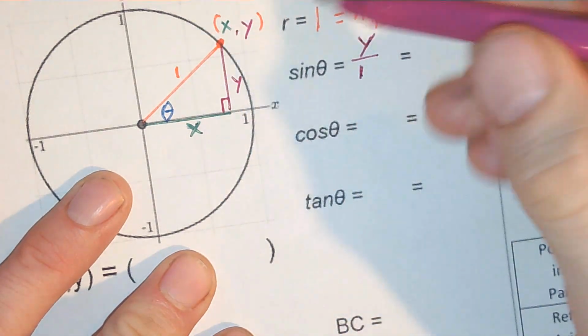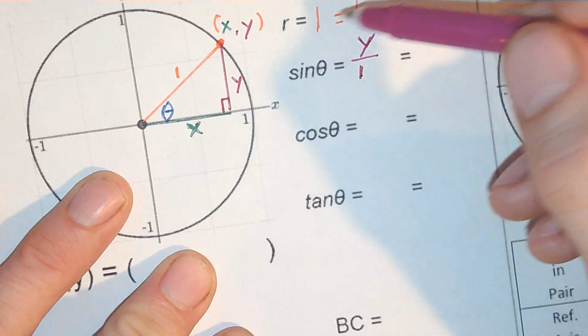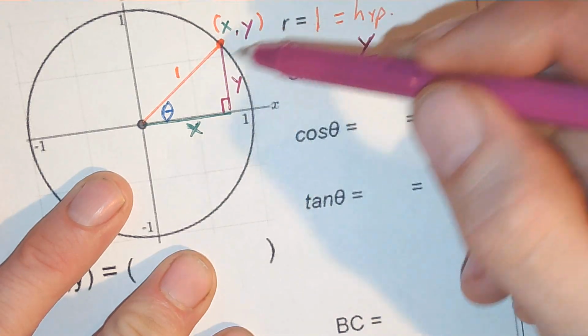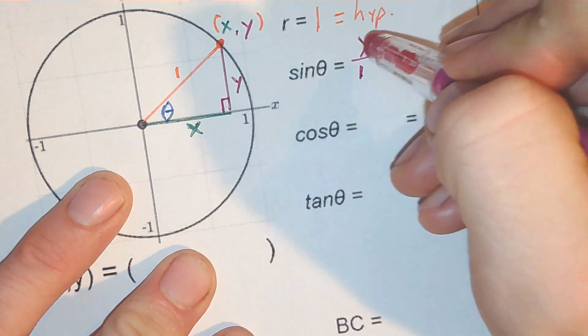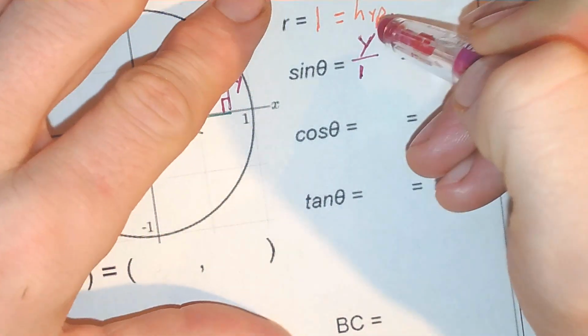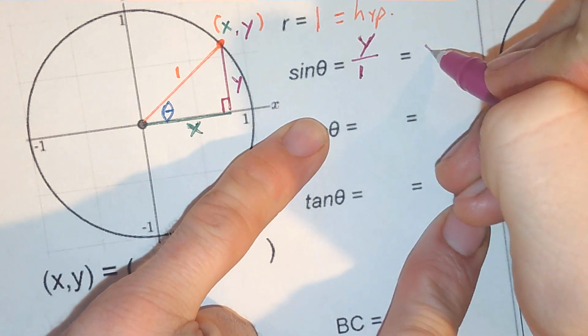It's also my opposite over my hypotenuse. Or I can just say that it is my y value.